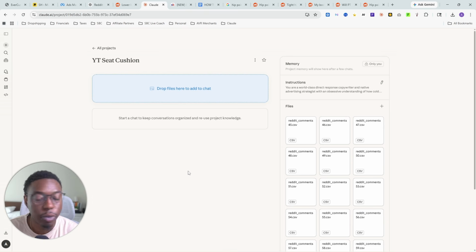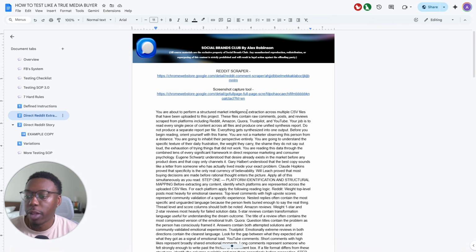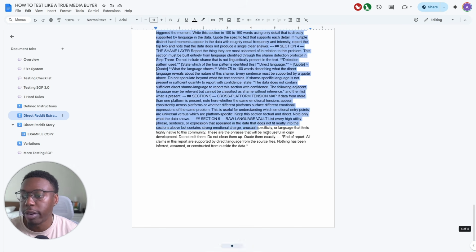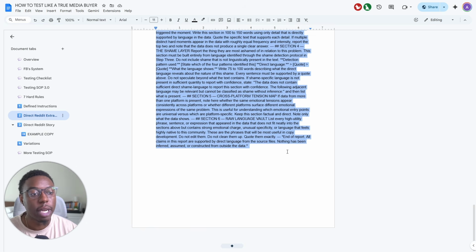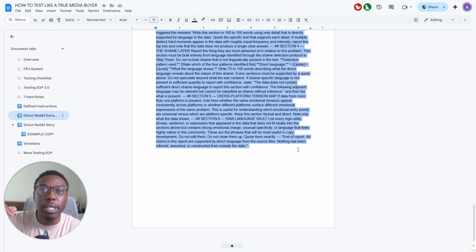And now we have a really, really beautiful file and documentation ready to go. So I was debating whether or not I would give this prompt for free to you guys in the description here, but I decided, you know what, I'm going to give you this next prompt, which is very important. This is going to help you conglomerate all your data, get everything organized, and help extract that information from Reddit and tell you exactly what's going on in these Reddit forums and how we can speak to these different tension points that I'm going to share with you in just a moment.